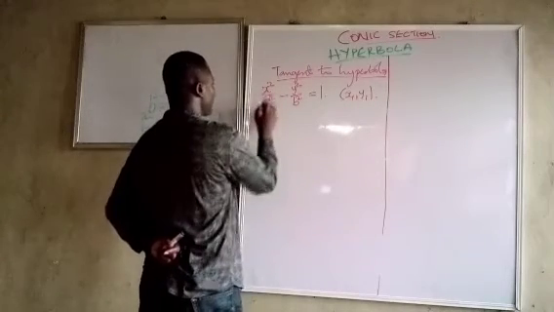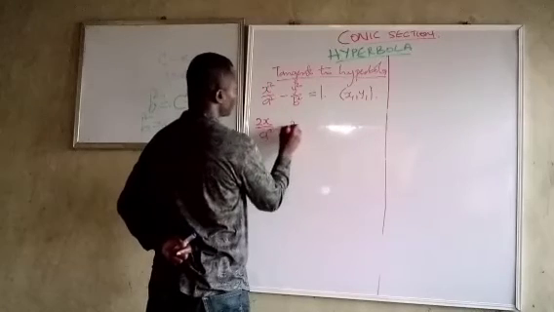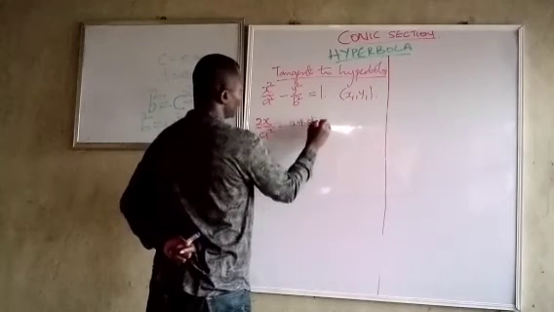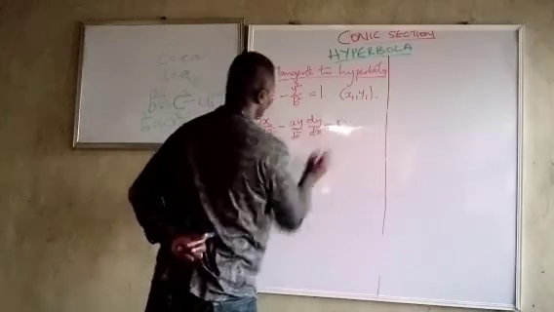Now we have 2x over a squared minus 2y dy/dx over b squared equals 0.